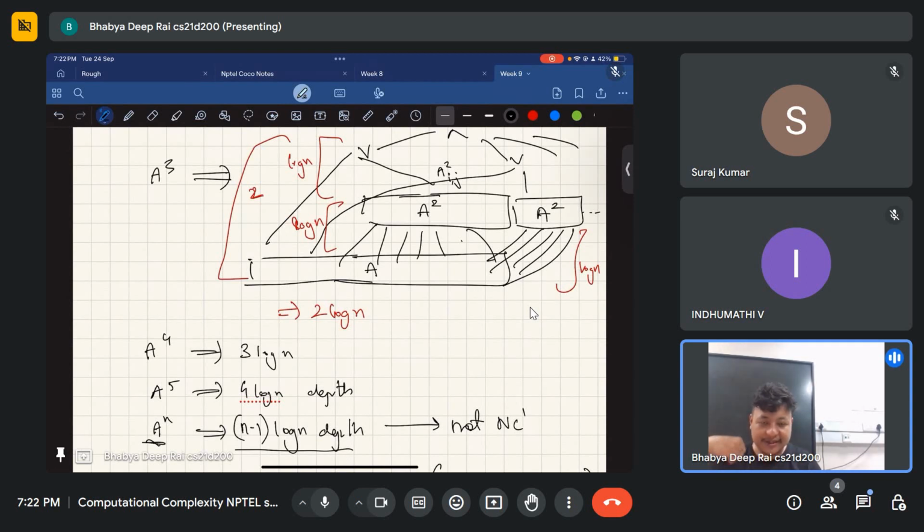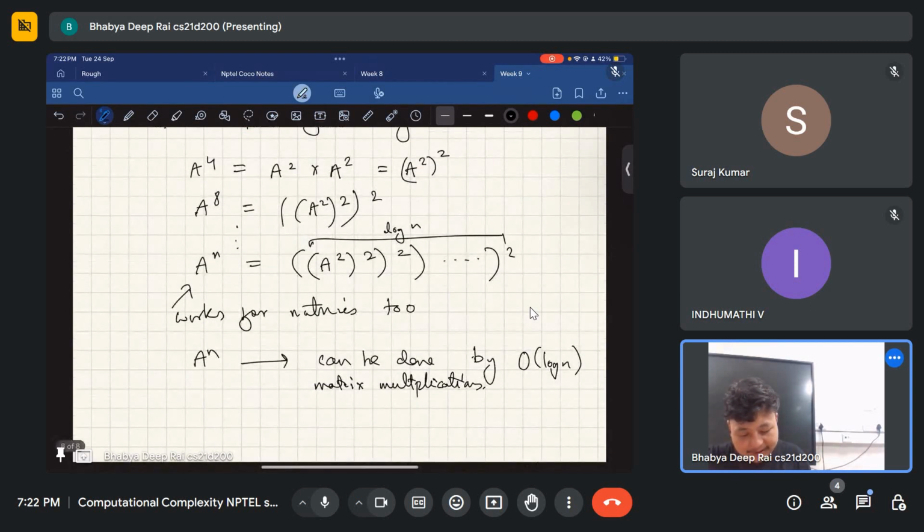Let's say for ease of purpose it is a to the 32, then I'll square it 5 times, 5 layers of matrix multiplication, and each layer is of log n depth. Then I'll get 5 log n depth of the entire circuit.